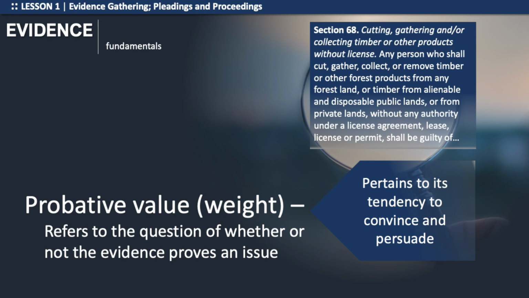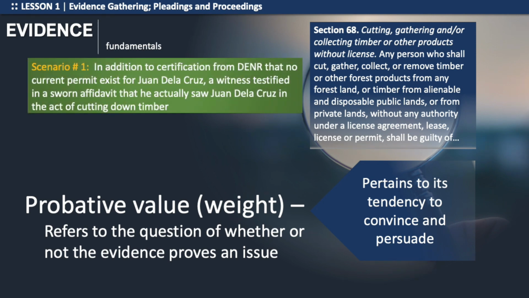Now, I'll bring up two scenarios so we can differentiate and best see how probative value plays in. On scenario one, here it is. In addition to certification from DNR that Juan de la Cruz does not have a permit to cut, gather, or collect timber, okay, he has no permit to do that, right?